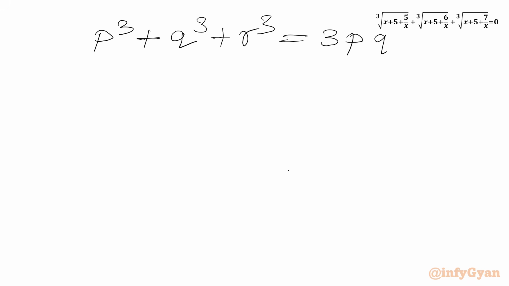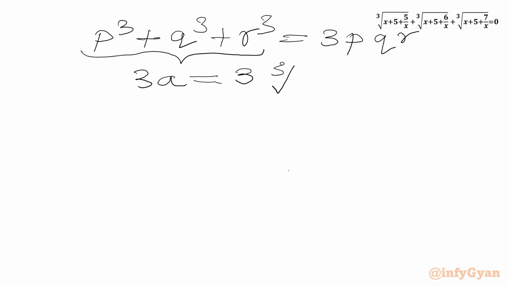Let's write here p cube plus q cube plus r cube equal to 3 times pqr. Here p cube plus q cube plus r cube is 3 times a. In right hand side, we will write cube root of a minus 1 times cube root of a times cube root of a plus 1.